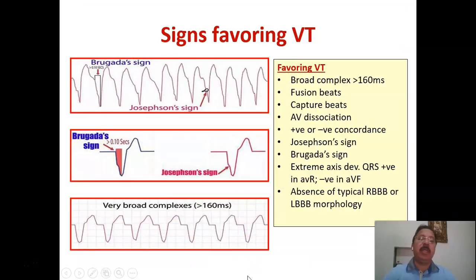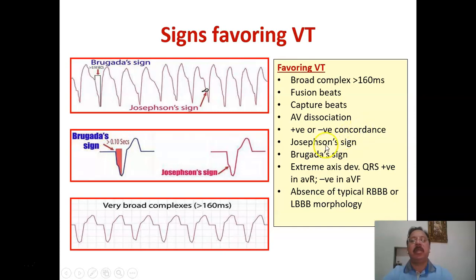There are a few signs which favor ventricular tachycardia, and this comes in your board exams. QRS complexes are broad, usually more than 4 small boxes. You may see fusion beats, capture beats, atrioventricular dissociation, and there may be positive or negative concordance.